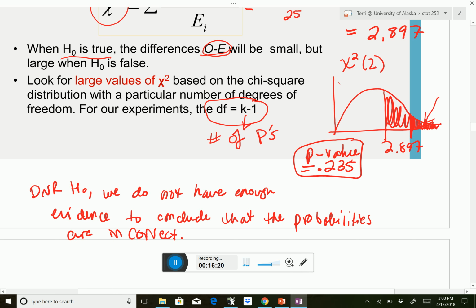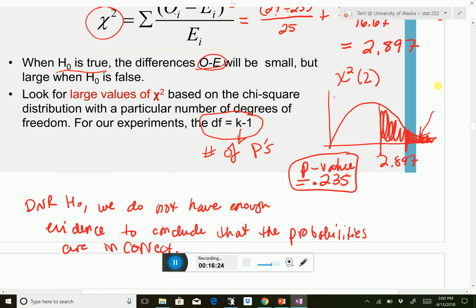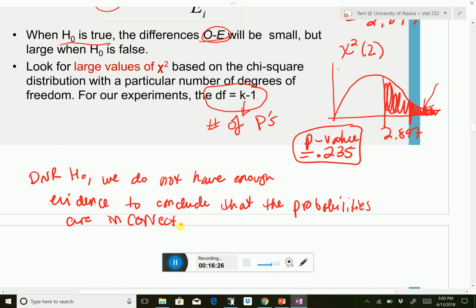So we go back and go, okay, well, it looks like those probabilities could be the right answers. It's probably right. We have no reason to think that it isn't.